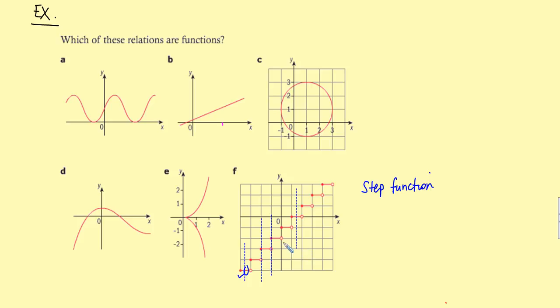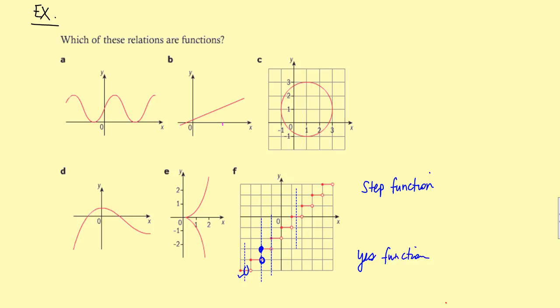The second vertical line is hitting the graph twice. But because one of those 2 dots is included because it's colored in, but the other one is not included because it's not colored in, it's only hitting the graph once. And therefore, this is still considered a yes. This is going to be a function.